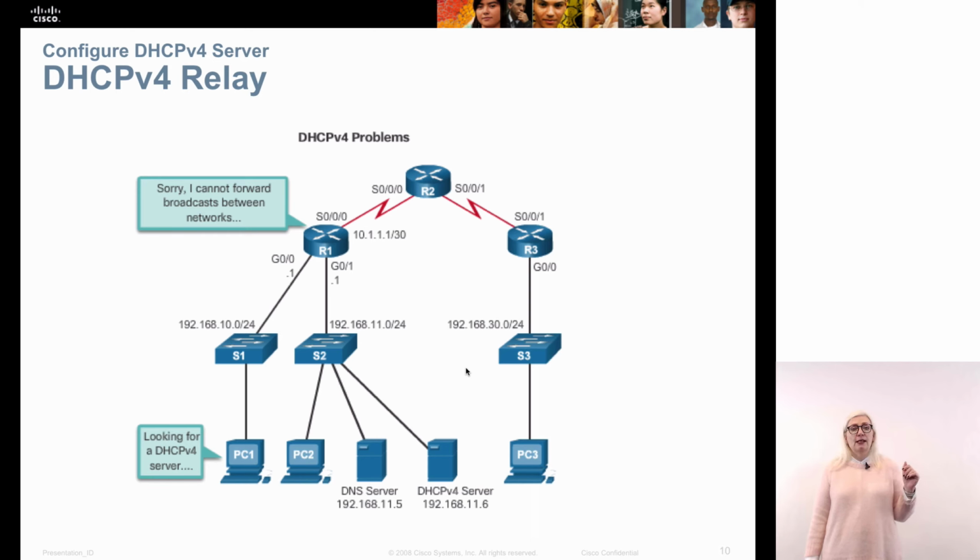So what I do is that I tell my G0/0 interface that it should catch all the DHCP discover messages that are sent out on this interface, and send them on to the other interface, and then to the DHCP server that will answer back and send the offer back to the client.